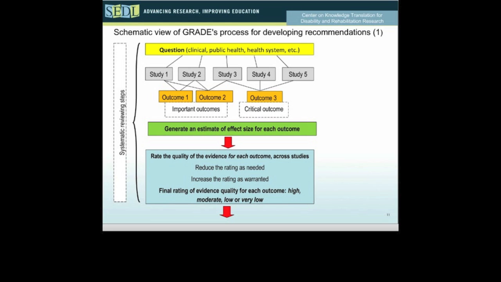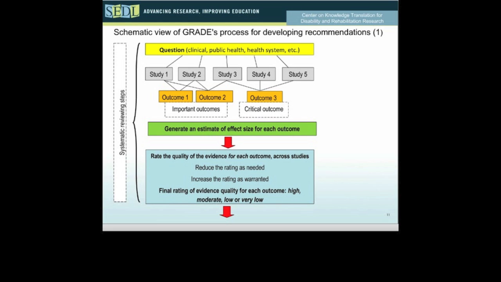What is the best way of doing X, Y, Z? Well, there may be 5 studies that address the particular interventions that have been used to improve X, Y, Z.